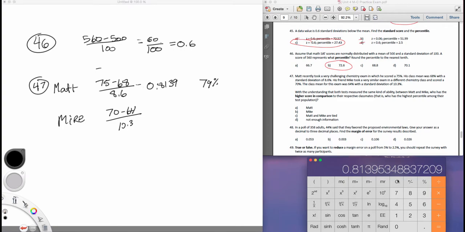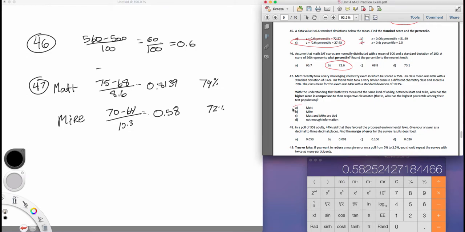So on his, we're going to calculate 70 minus 64 divided by 10.3, and his z-score is 0.58. If you go look at the table, that's roughly about 72%. So he landed in the 72nd percentile, Matt landed in the 79th percentile, so who did better on the test? In this case, it was Matt.